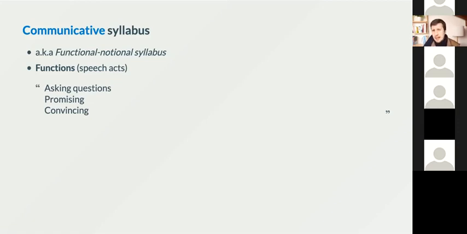Things like requesting: can you pass me the book? If you analyze this sentence syntactically and grammatically, the literal meaning of the sentence is not 'pass me the book', it is not giving an order or requesting, it is asking if you can pass me the book.